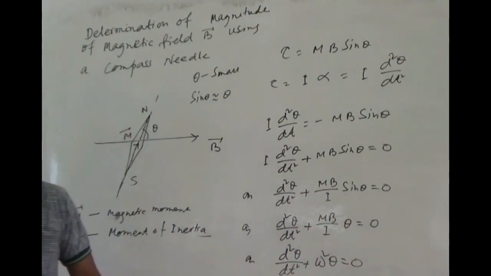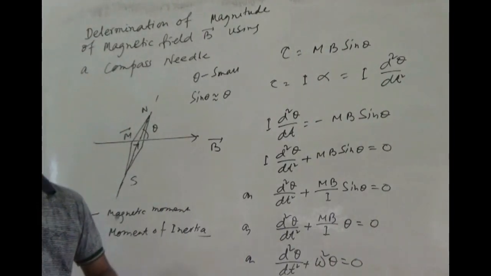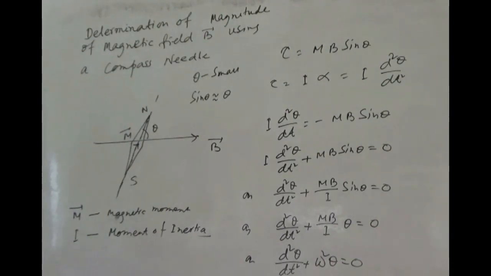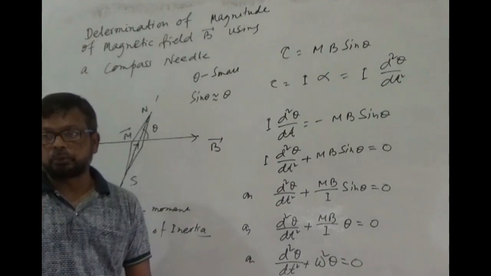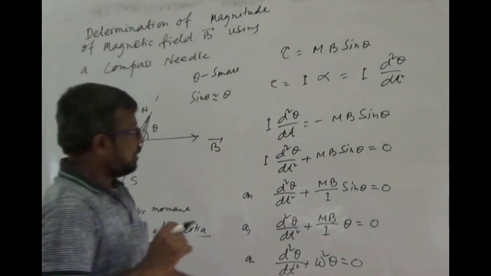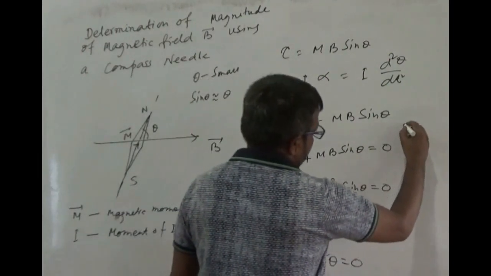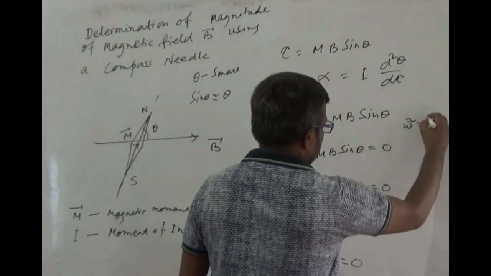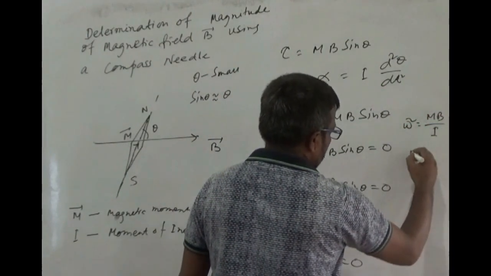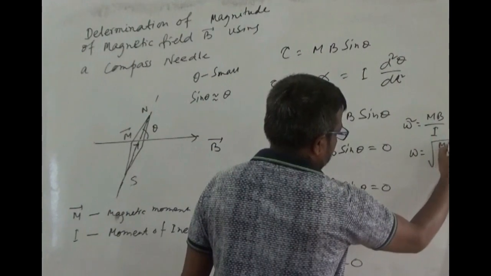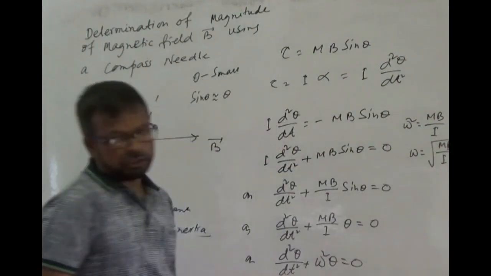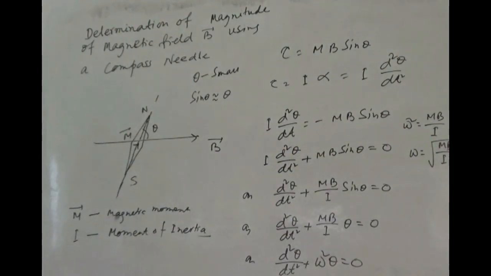Recall your previous knowledge of SHM, simple harmonic motion. Then we can write omega square is equal to MB by I, or omega equals root over MB by I, which is called the angular frequency.